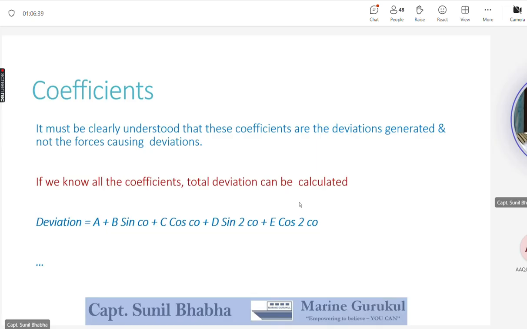So you need to make a diagram. We make a deviation diagram for all these coefficients and then explain that diagram, explaining how the deviation is generated and what is the effect on the compass, on the directive force. So that is what we are going to see now for all these coefficients.